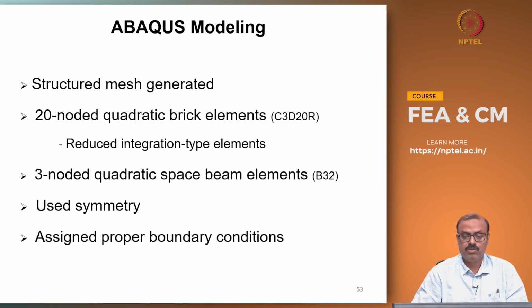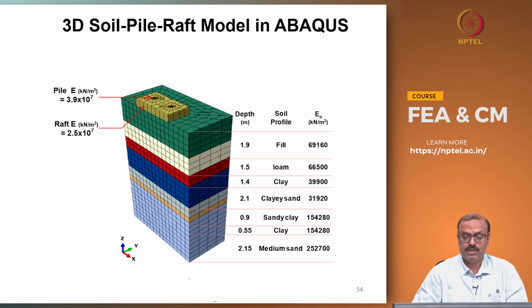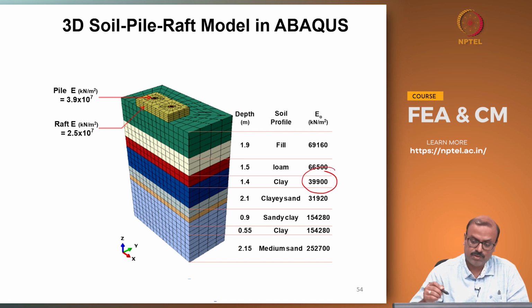We use 20 noded quadratic brick elements with reduced integration, and 3 noded quadratic space beam elements to model the piles. This is the soil property. As I said, there is a clay layer of slightly lower strength and stiffness.